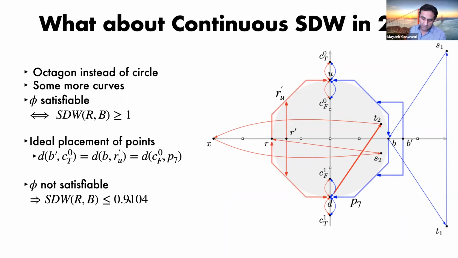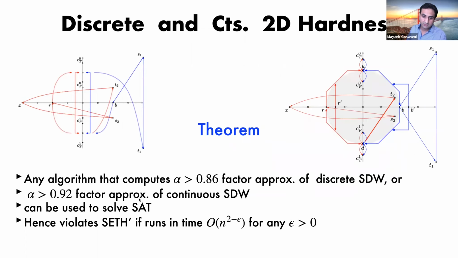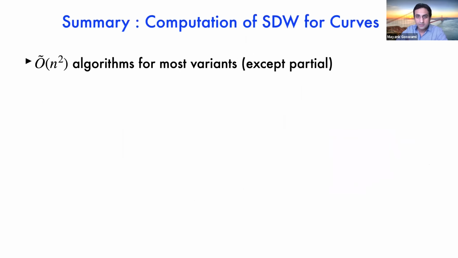So the best red and blue can do if there is no satisfying assignment is 0.91, and this shows that if you have an algorithm that achieves better than a 0.92 factor, then that also violates SETH. So there's a summary of the lower bounds for the discrete and continuous 2D versions in 2D hardness.